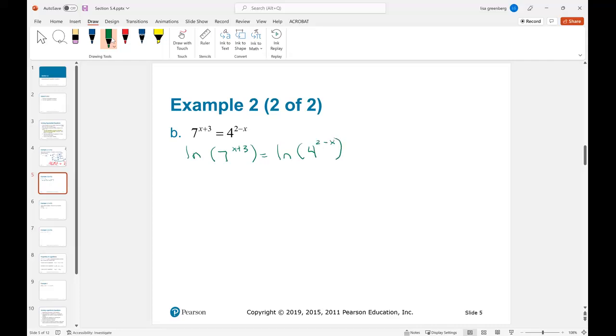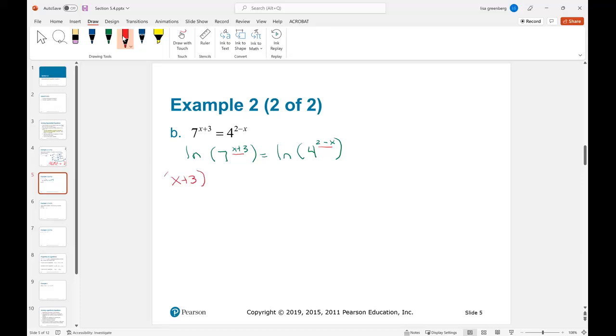Now I can use my log rules. Once I have a log function, I can use my log rules. So I'm going to use my power rule because I want to be able to solve for x, and x is in the exponent. So I'm going to change this to x plus 3.